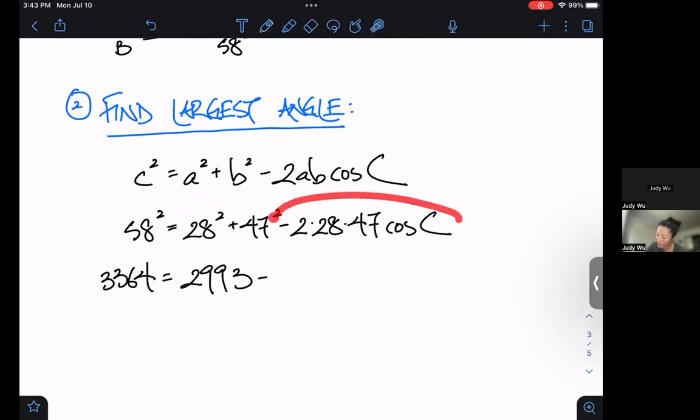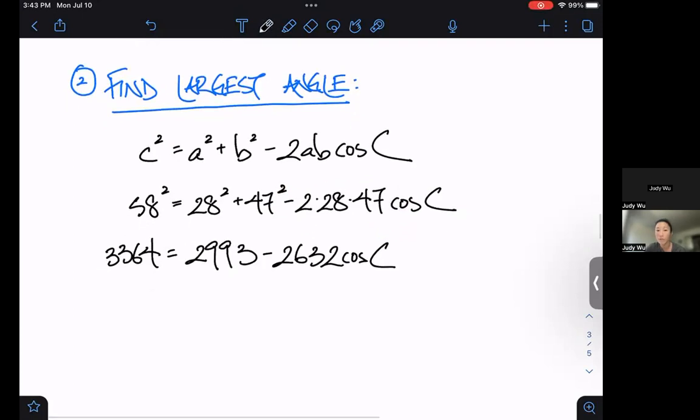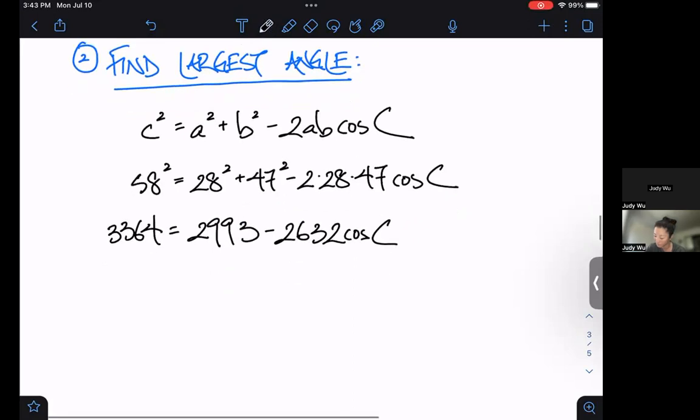Minus, now we're going to multiply 2 times 28 times 47, which gives us 2632 cosine C. So when you're showing me your computations, please do it this way.